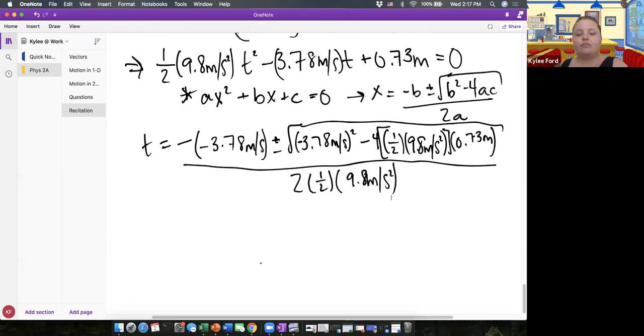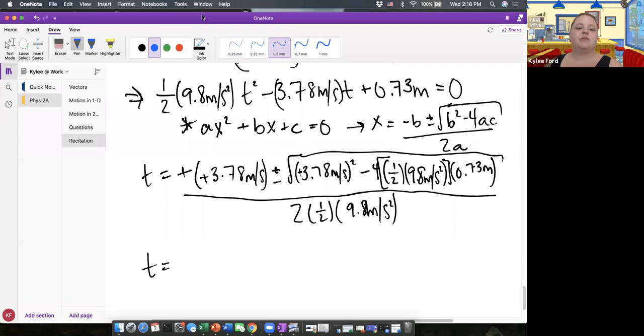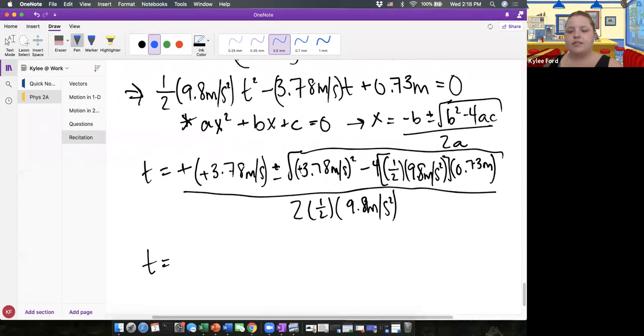All right. So then what you do is start solving. So these two negatives cross out and they're a positive. My negative here is squared, so that's a positive now. And then we are pretty much good. I can simplify a little bit more. Let's see. Let me get another color out. Maybe that'll help. This 1/2 can make that 4 into just a 2. This 2 and 1/2 cancel, okay?